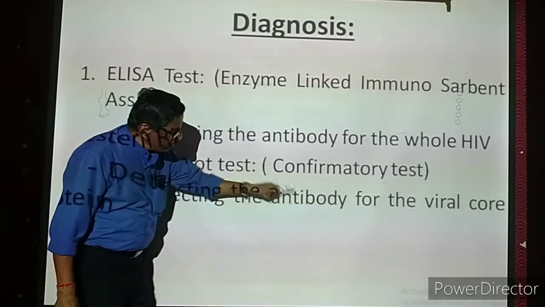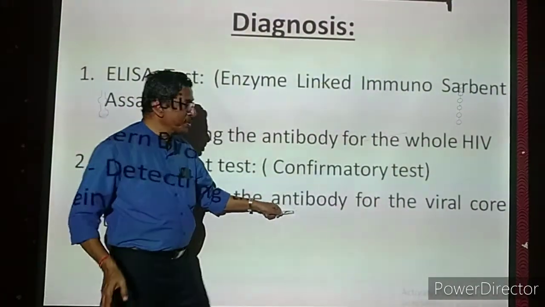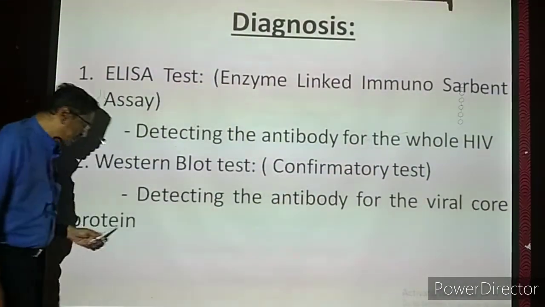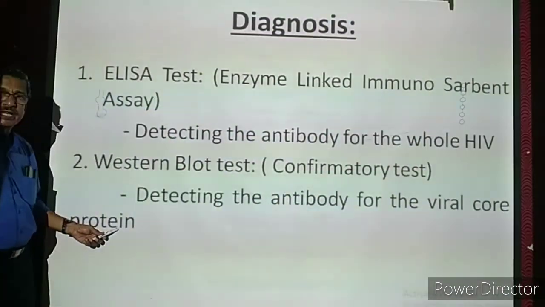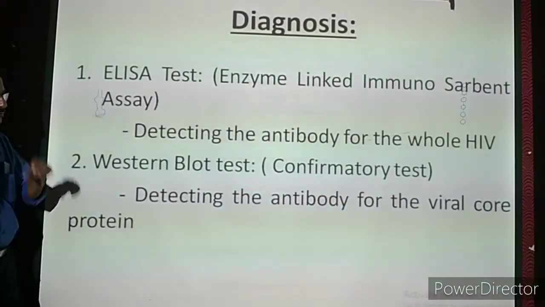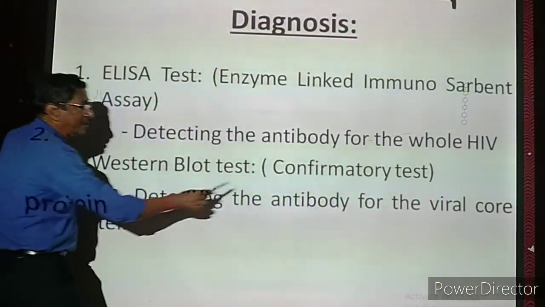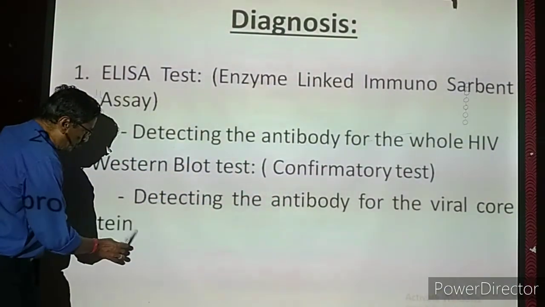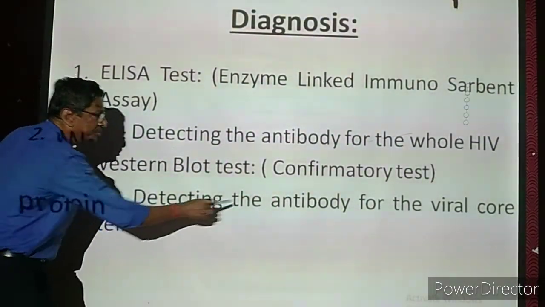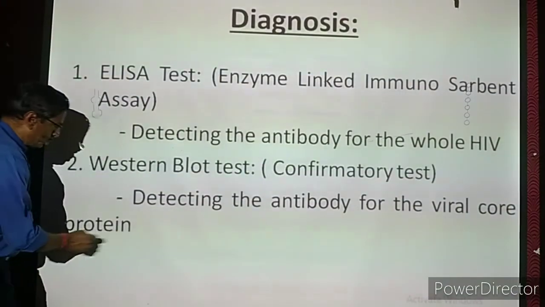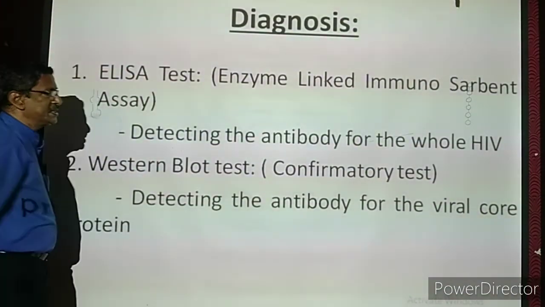It will produce one more, a separate antibody for only the core protein. The outer envelope protein is there, no? It will try to produce an antibody for that. If the envelope is destroyed, the virus can be destroyed. If the antibody for viral core protein is present, HIV positive. If the antibody for viral core protein is absent, that person is HIV negative.